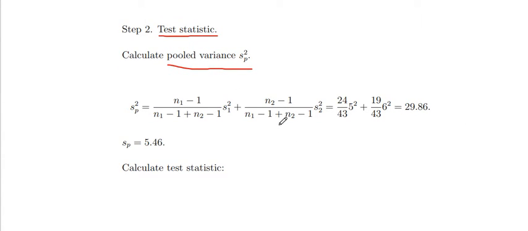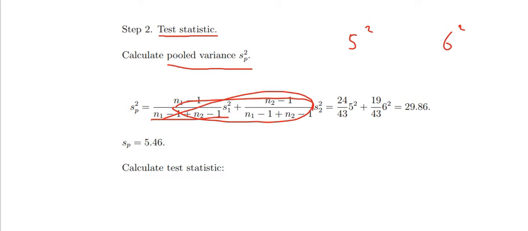For the pooled variance, this formula, maybe you can forget it. The formula looks quite complicated, we can forget it, but we need to understand this. The variances are 5 square and 6 square, right? So we just need to find the weighted average for them.